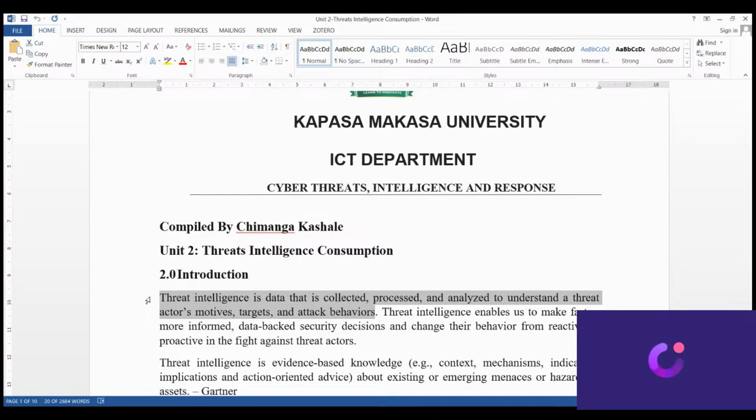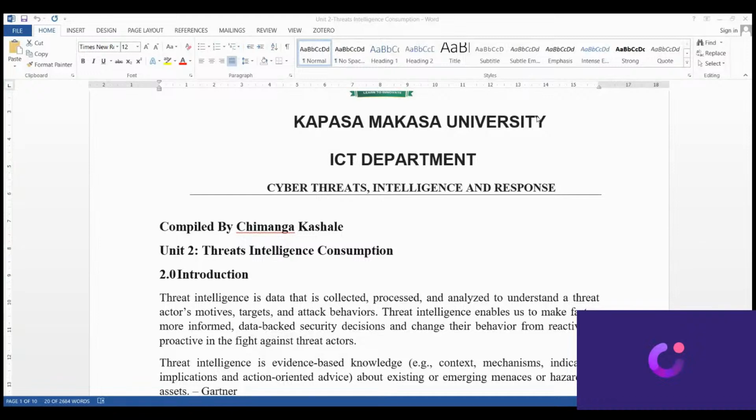After you do the processing, then you do the analysis, in order to understand the attacker's motives, the target, and the behavior. That is the aspect of threat intelligence.